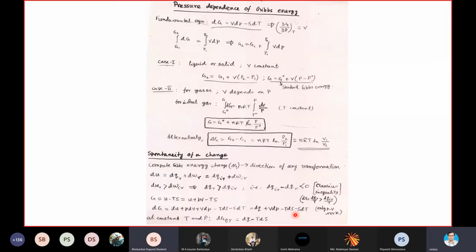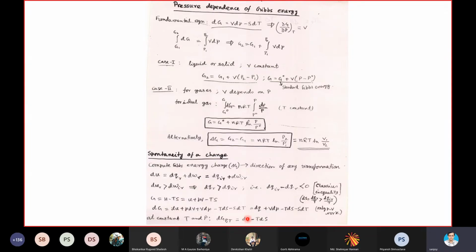Now put one more condition: suppose the process is carried out at constant pressure and temperature. So these two terms, VdP and SdT, disappear. Now I have dG at constant pressure and temperature, the change in Gibbs energy, equal to dq minus TdS. Now what is dq minus TdS? This TdS means dq reversible. That is clear to you. TdS means dq reversible. Now dq is actually the heat exchange for that process.